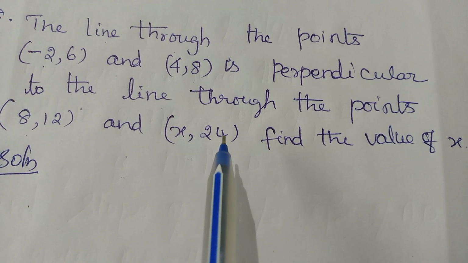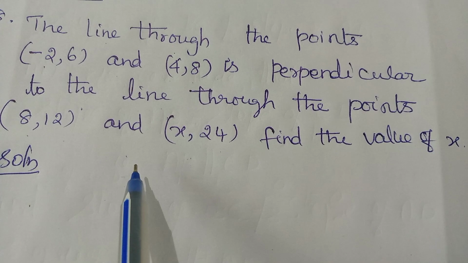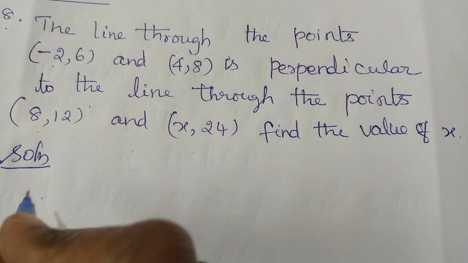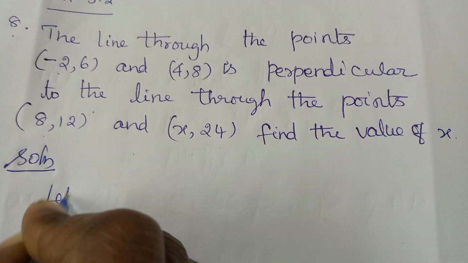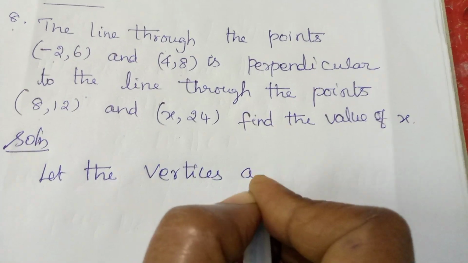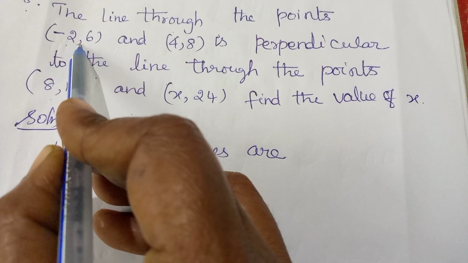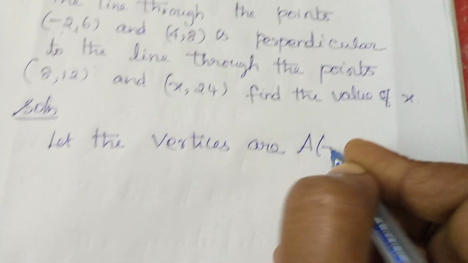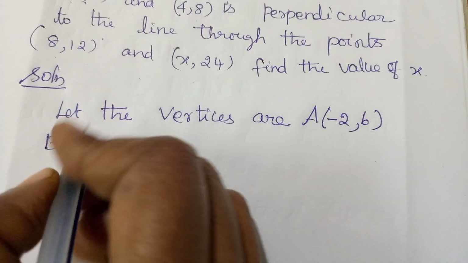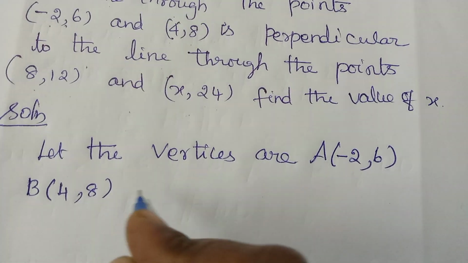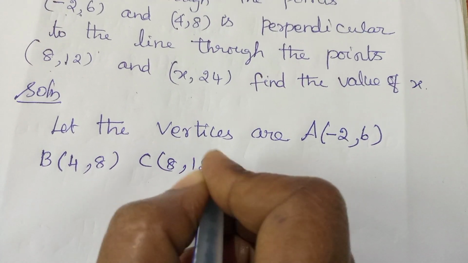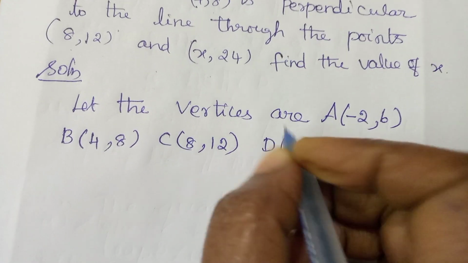How can we do it? Four vertices are there, so let us give the names A, B, C, D. Let the vertices be A(-2, 6), B(4, 8), C(8, 12) and D(x, 24).